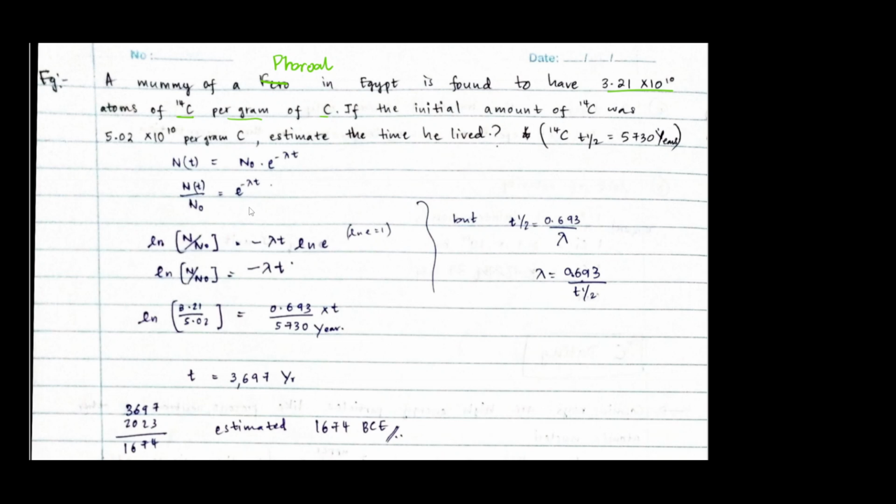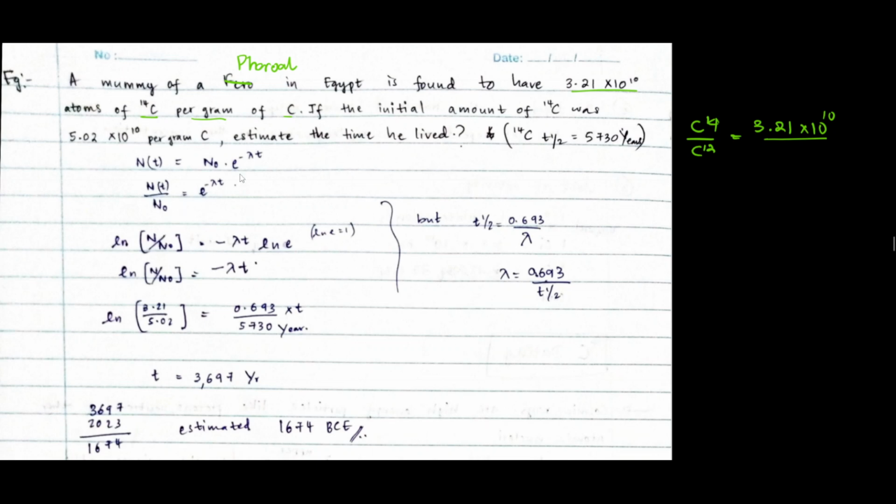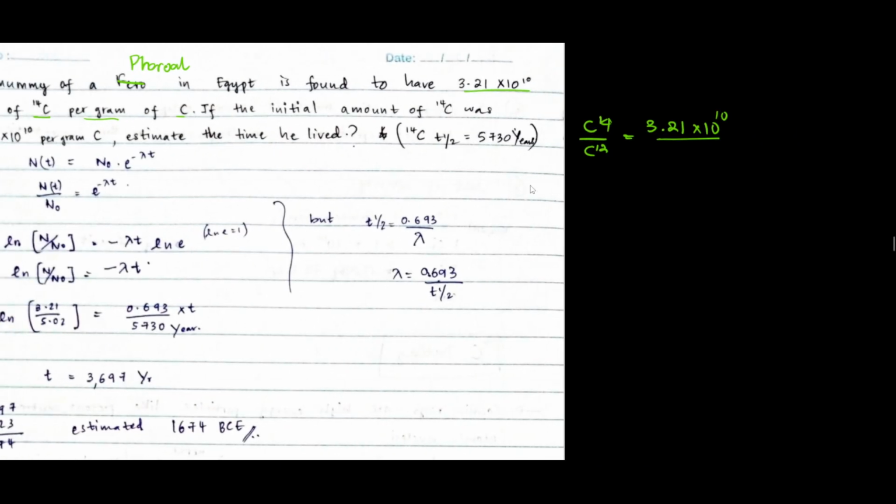So, they have given us the ratio, C14 to C12, as 3.21 into 10 to the power 10, sorry, number of atoms.